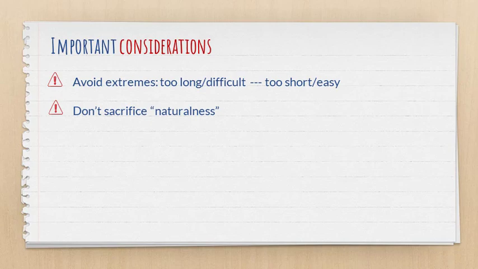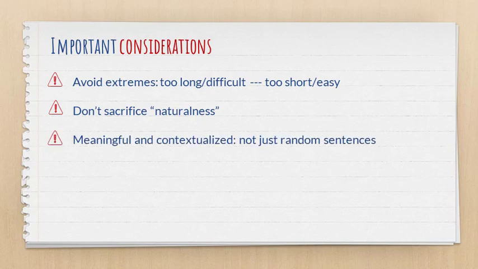And another thing to keep in mind is that although we want the passage to be level appropriate and comprehensible to the learners, that doesn't mean we should produce something that sounds unnatural or is not true to the language. And the third thing that I want you to remember is that this should be a meaningful and contextualized task.